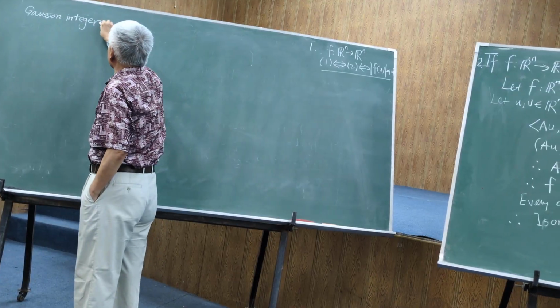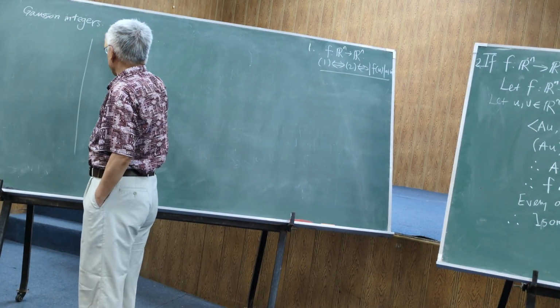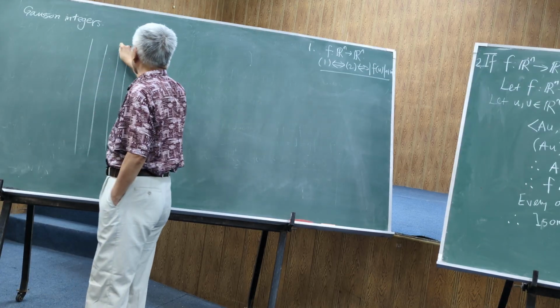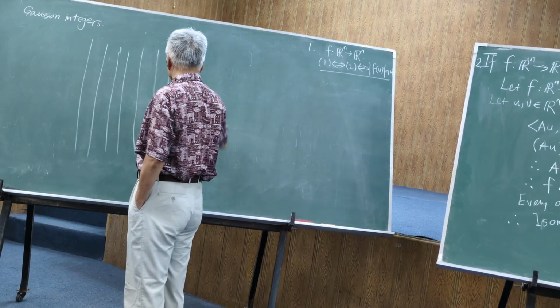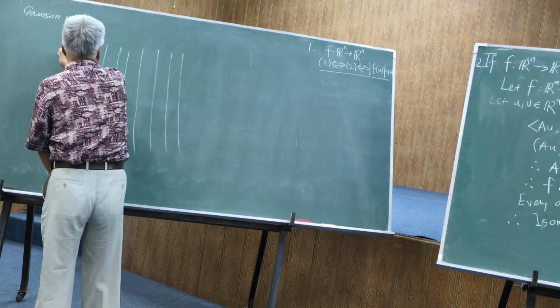The ring of Gaussian integers, you can draw it. Graph theorists usually don't know Gaussian integers, they call it the grid graph. But it is not a grid graph because it goes infinite in all four directions.